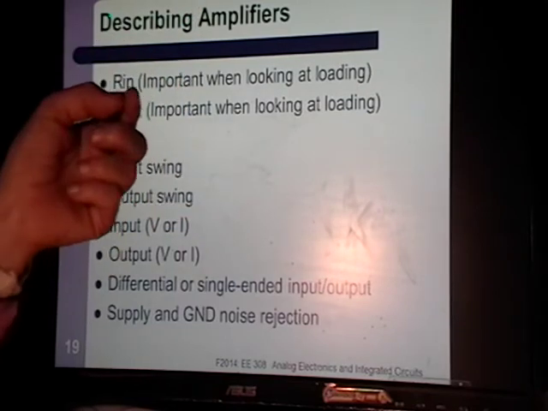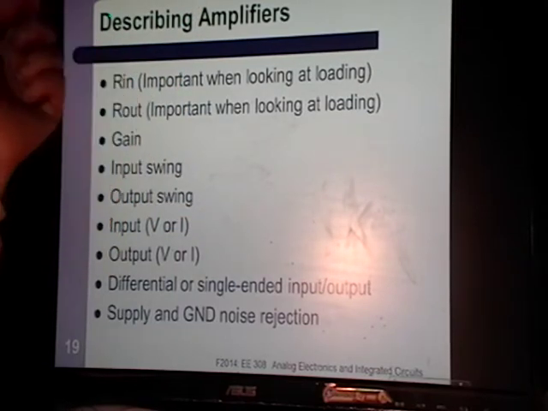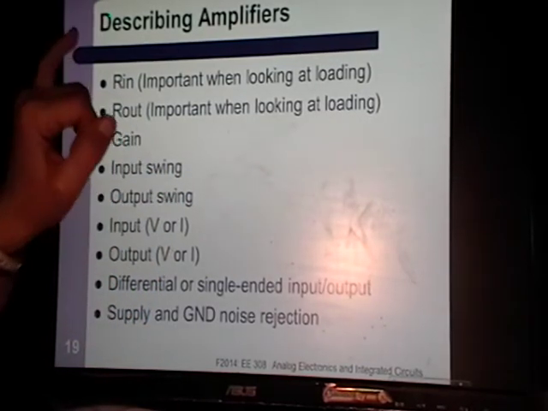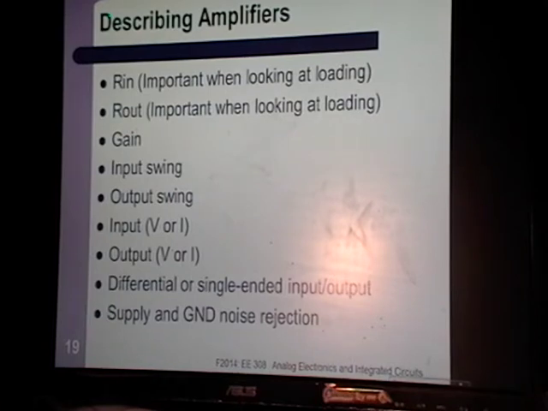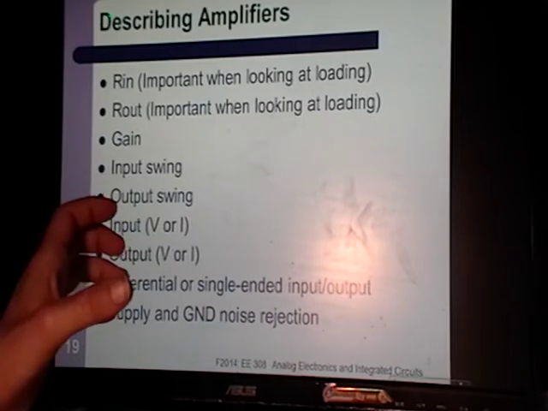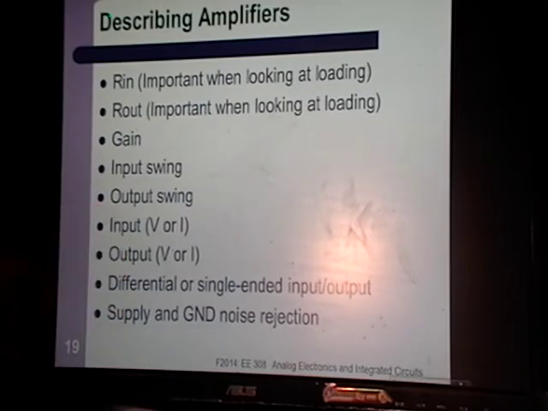The R in of the BJT tells you how much current is going to be pulled off of that voltage divider. So R in is very important when you're trying to connect two devices together. And again, the R out of the previous device, if it's very small and the R in of the next device is very large, then things are good.